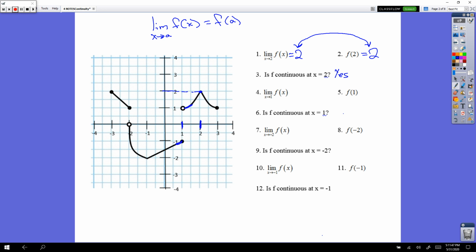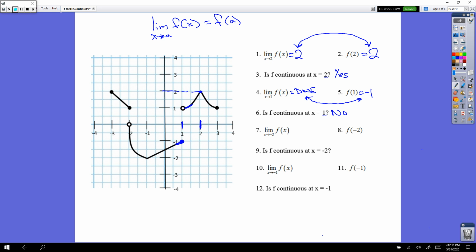There is no limit as x approaches 1. So this limit does not exist. The value of f of 1 would be the closed dot, that would equal negative 1. Now, since these two things are not the same, f is not continuous at x equals 1. So we would say no, it is not continuous.